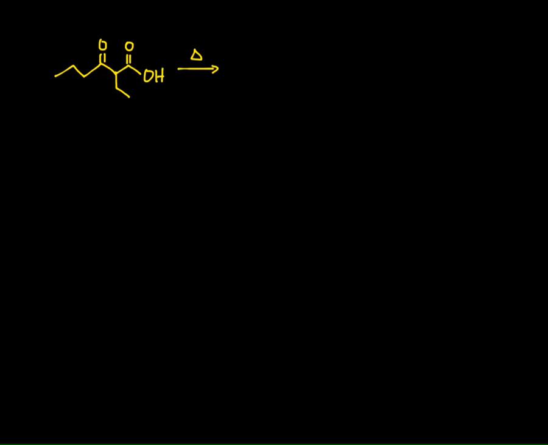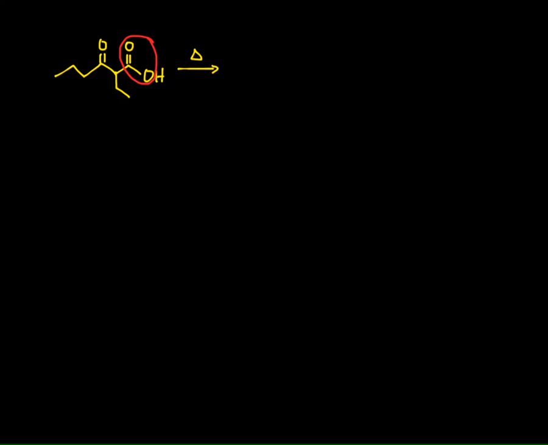So here's an example of a beta keto carboxylic acid. The reagent necessary for this is heat. It's actually very easy to decarboxylate these types of things, and malonic acids are relatively unstable, as are beta keto acids.